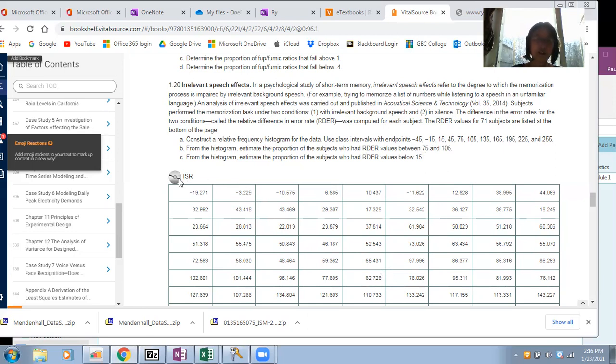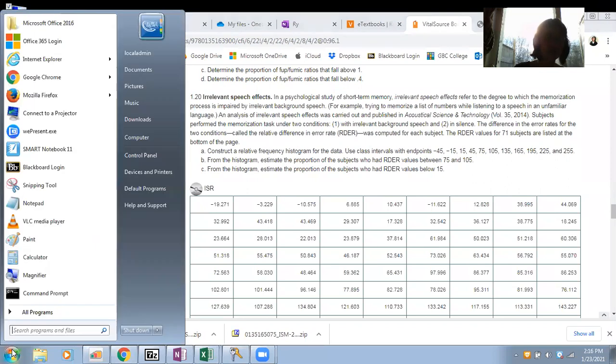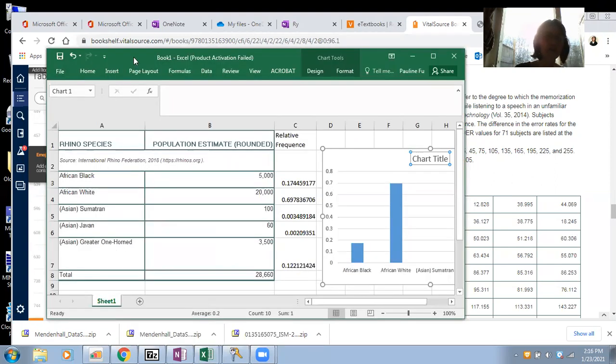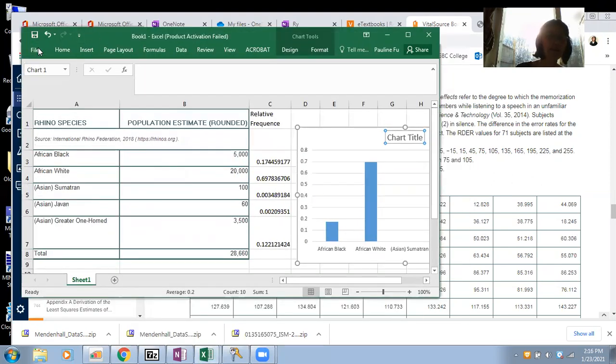Okay, so we need to go to the data file. Where is my data file? All right, I'll try to locate the data file. I'll go to my computer. Okay, I will go to Excel to open this one. Go to Excel and then go to File, Open.